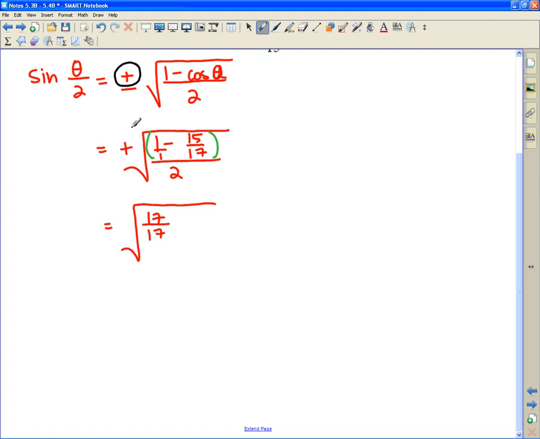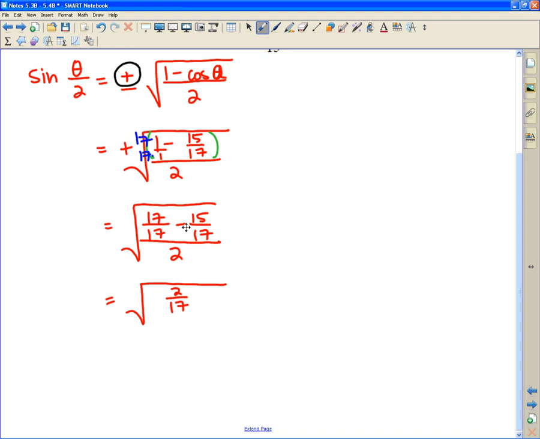So 17 over 17 minus 15 divided by 17, bigger bar, all divided by 2. That would be the square root of (17 minus 15 is 2) divided by 17.